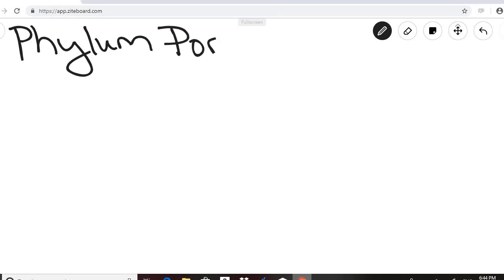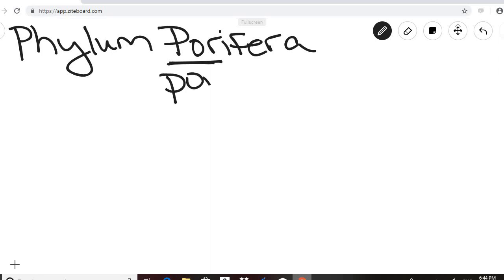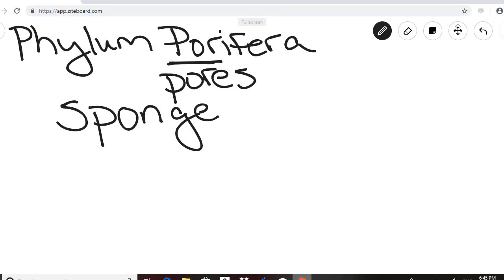So the first phylum that we will discuss is phylum Porifera. And in the name Porifera, this means that they have pores or small holes in them. And the organisms that make up phylum Porifera are the sponges.